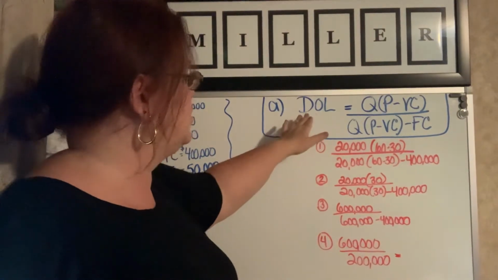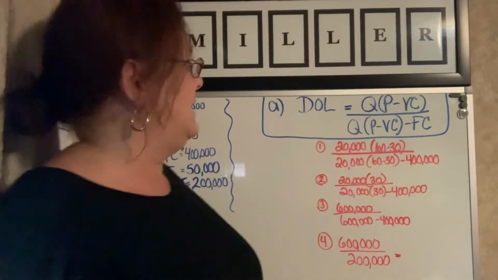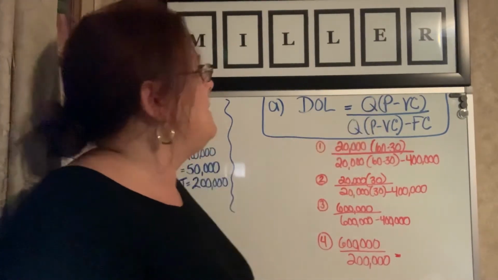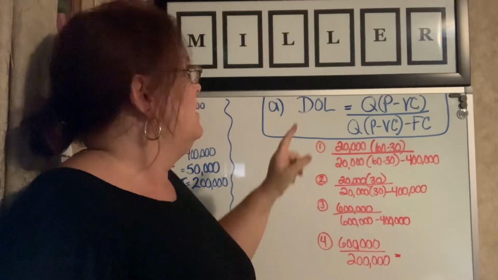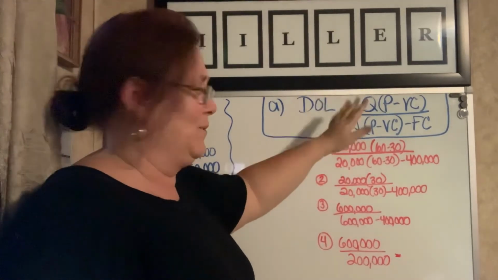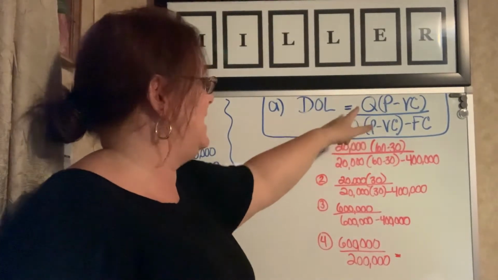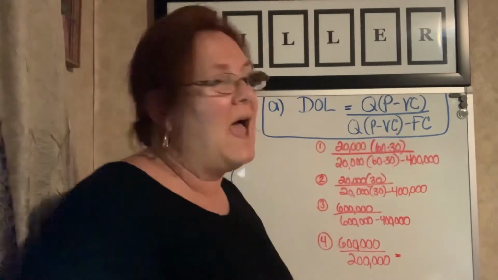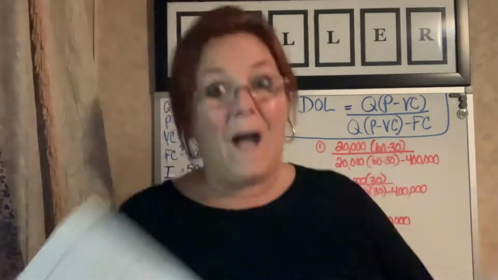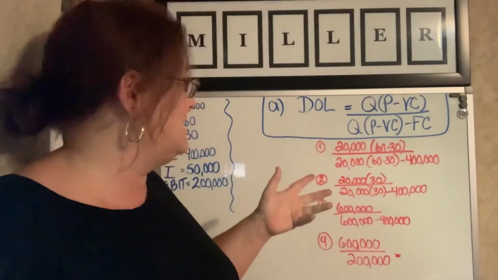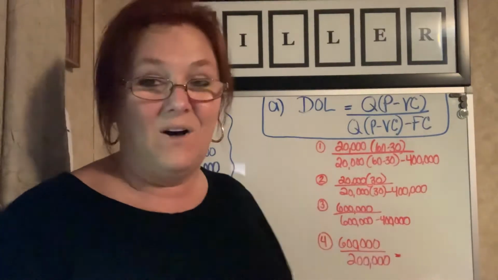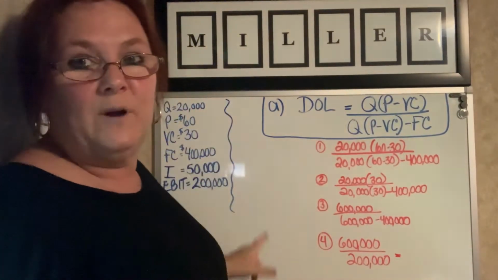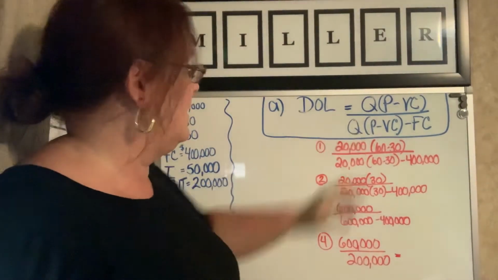So this is the degree of operating leverage, and it is Q multiplied by (P minus VC), all divided by, that's your numerator, your denominator, the same Q multiplied by (P minus VC) minus FC. Again, that looks like a lot, and you're probably thinking, what the heck does all that mean? But all that is in reference to these numbers from your income statement and plugging them in.